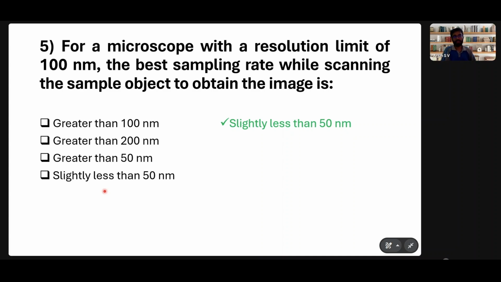Or put another way, as we saw in last week's classes, the resolution limit should always be greater than or equal to twice the sampling rate. So if the resolution limit is 100 nanometer, then the sampling rate should be less than or equal to half of that. Half of 100 nanometer is 50, so it should be slightly less than 50 nanometer.